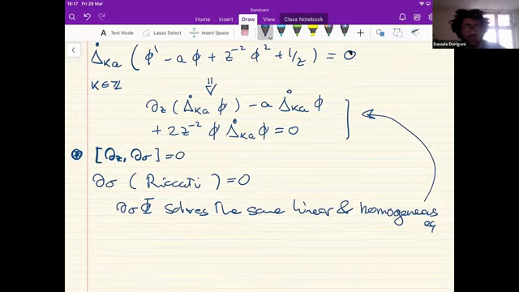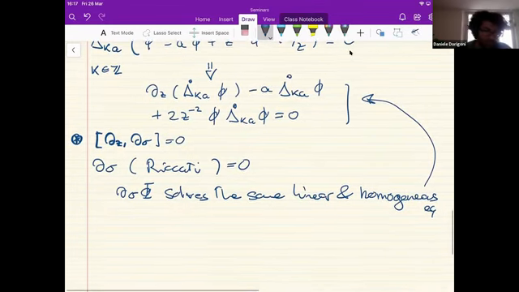But since this is a linear problem, first order linear problem, it means that these two guys must be proportional to one another.